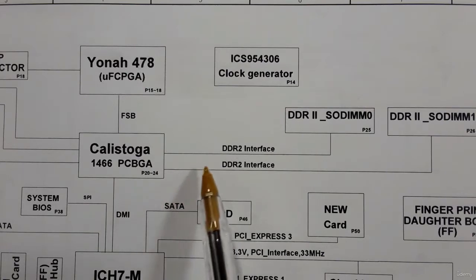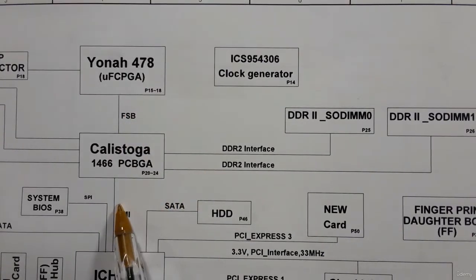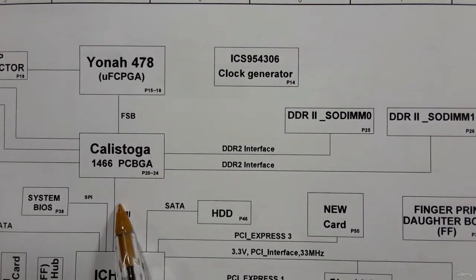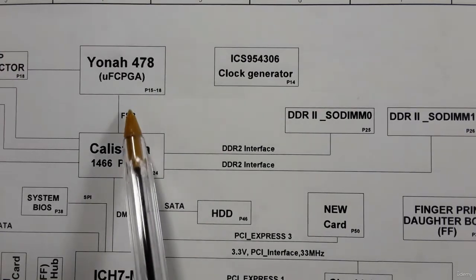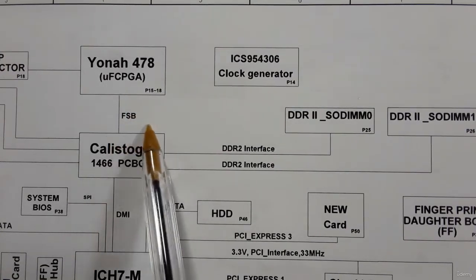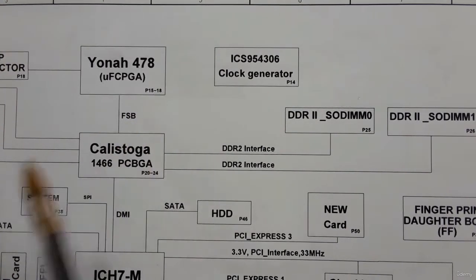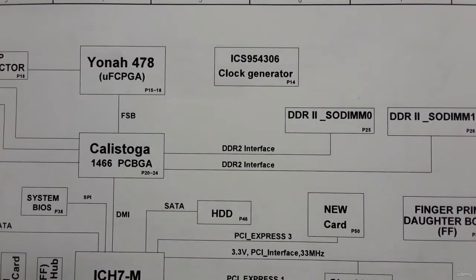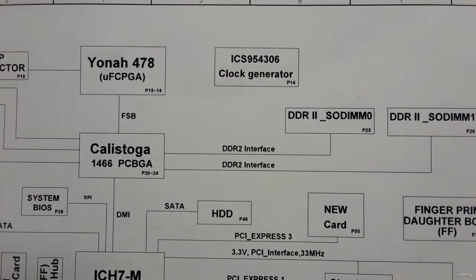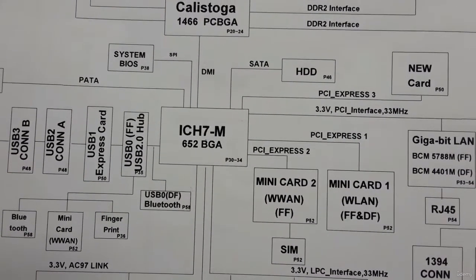All these connections have a different frequency. Always the frequency for the front side bus is greater, about 1 gigahertz or more.